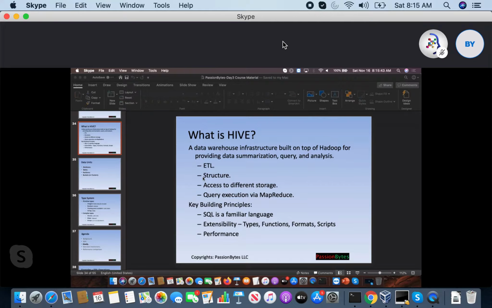It is an innovation by Facebook. And what is the problem that Facebook encountered during the beginning days of Hadoop? You can guess. You have the HDFS and you have the MapReduce framework. They liked it because they were dealing with a large amount of data, petabytes of data. They wanted to do efficient processing.